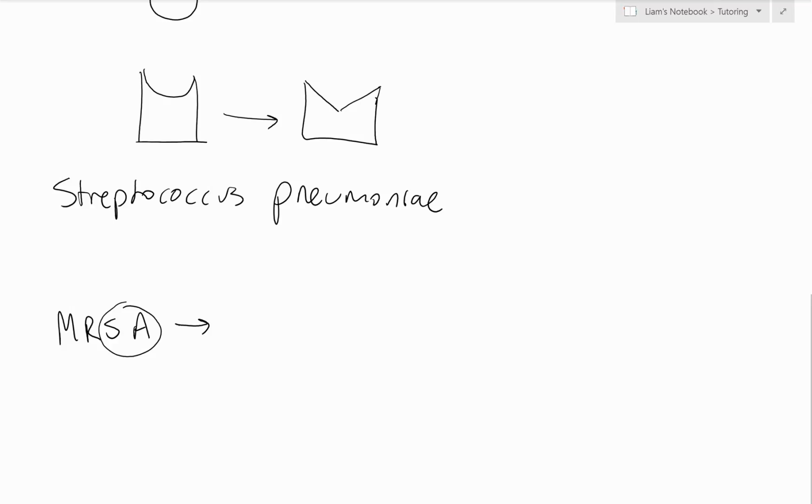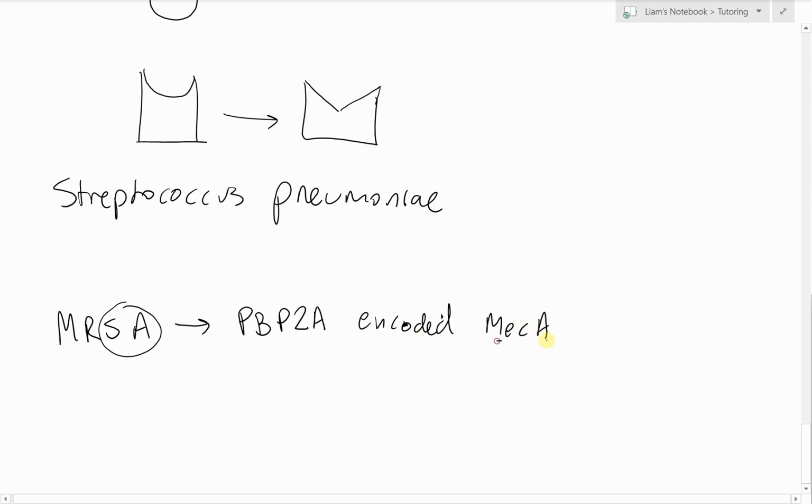It encodes resistance. Specifically, the Methicillin-Resistant strain has the penicillin binding protein variant 2A. That's encoded by a mecA gene. This is found on plasmids. So remember before I said that plasmids are a really important way of transferring resistance? This is why.